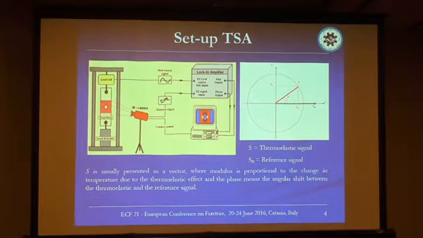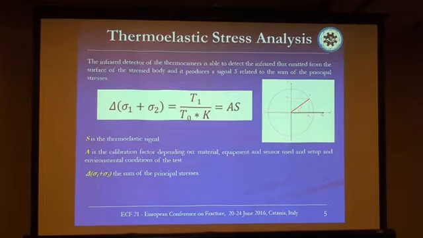Usually the signal from the infrared camera, so the thermoelastic signal, is presented as a vector, where the modulus is proportional to the change in temperature due to the effect, and the phase means the angular shift between the thermoelastic signal and the reference signal from the loading machine.